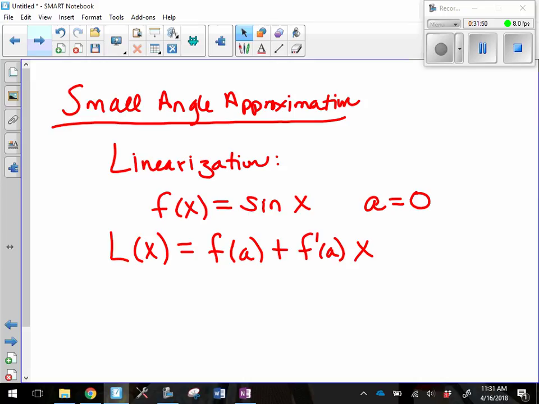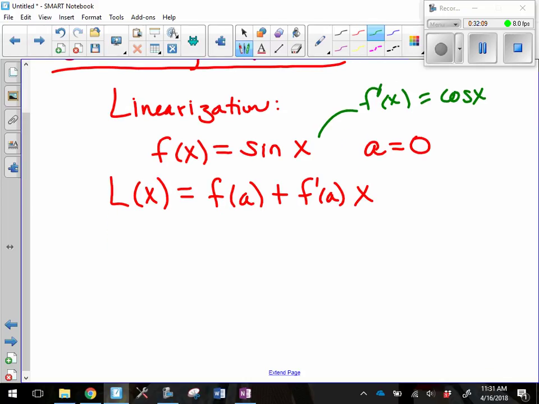Calc review, a million years ago, about right? Okay. So what's f prime of x? Right. So I can say that L of x is equal to f of a, and what's the sine of 0? 0. Plus f prime of a, and what's the cosine of 0? Times x.